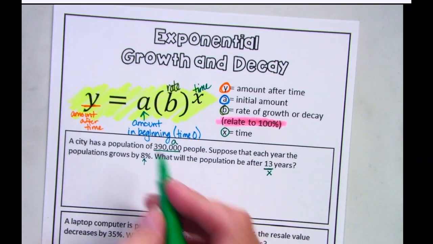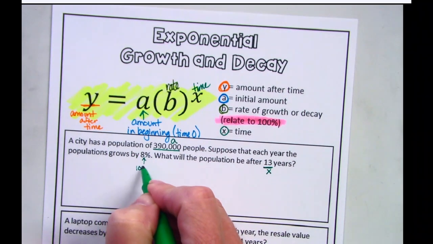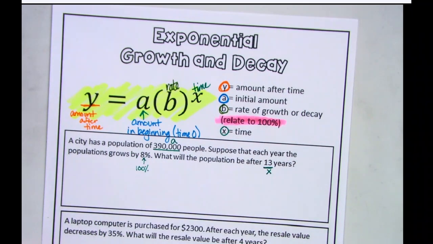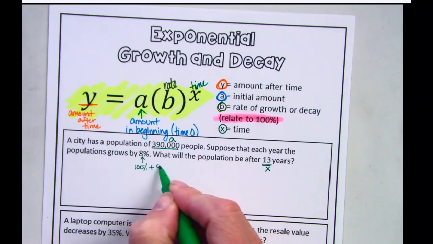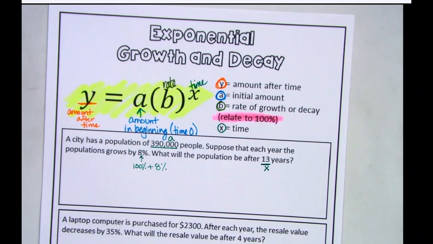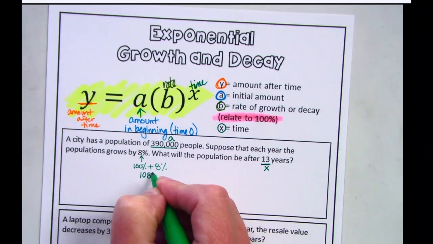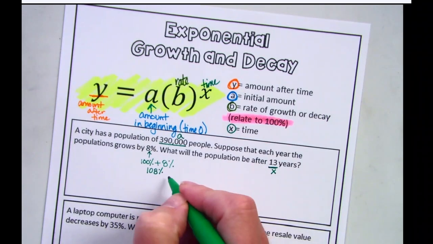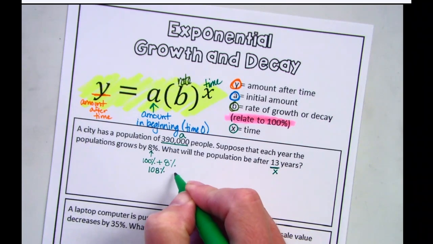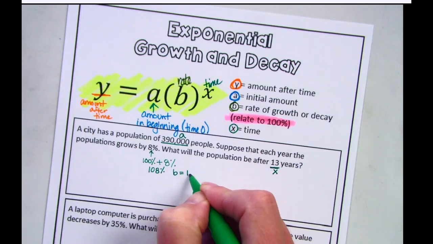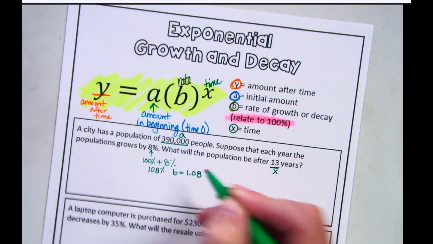So we've got 100% of what we had plus 8%. So what is our rate? 108. Now we don't type percents into our calculators, so our B is going to be 1.08.